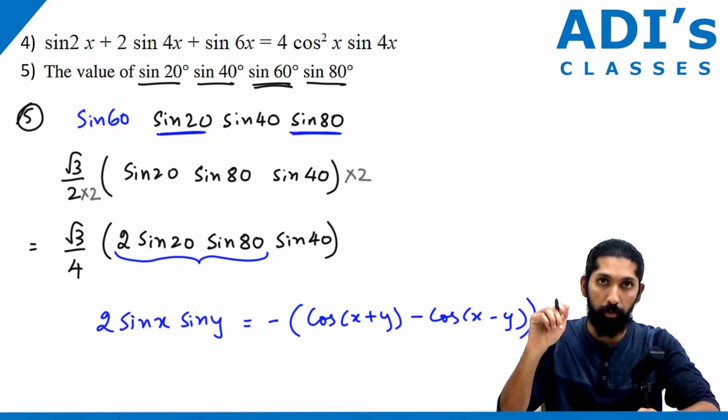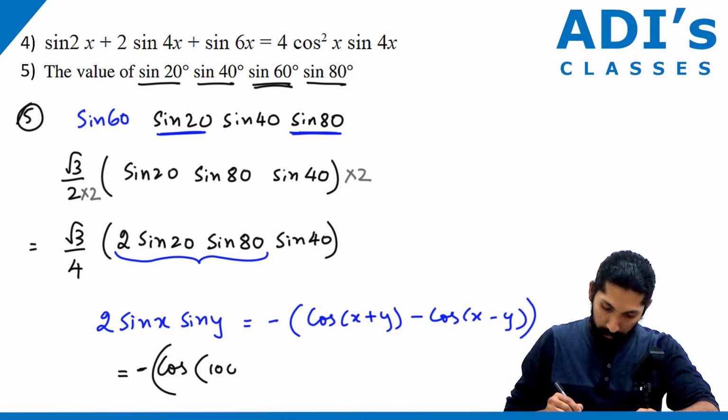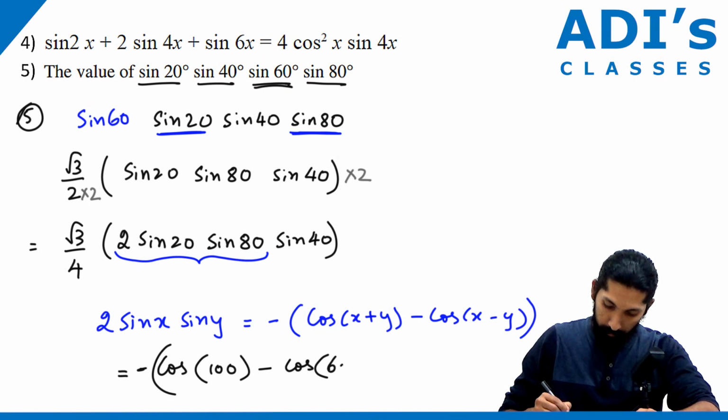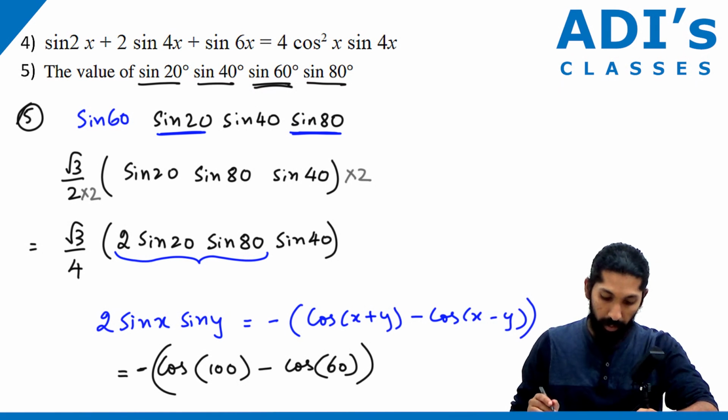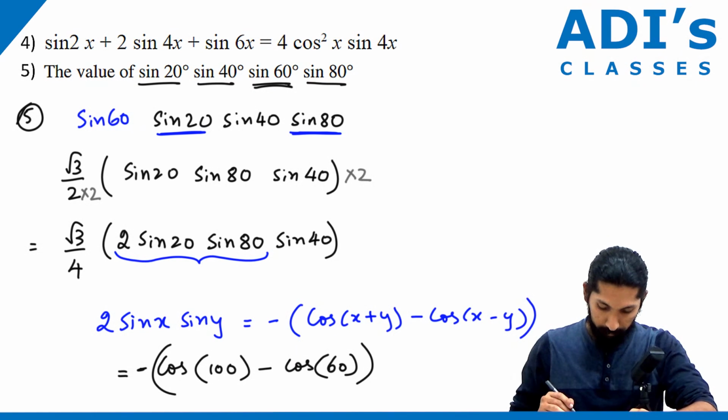That's not really that important. Now what do we have is that you have to take this as cos of 20 plus this one. So minus of cos of 100 minus cos of 60. Okay, x minus y, you can take 20 minus 80, 80 minus 20, doesn't matter.